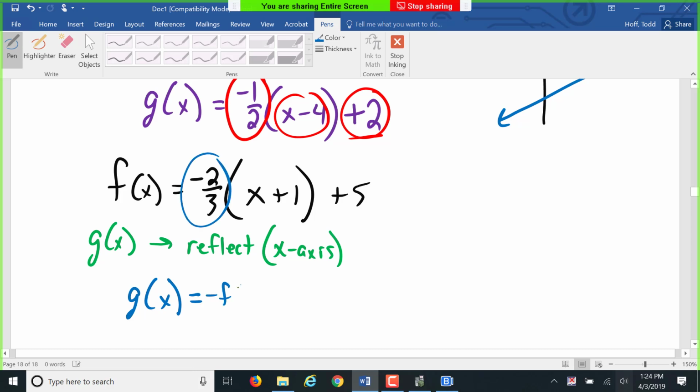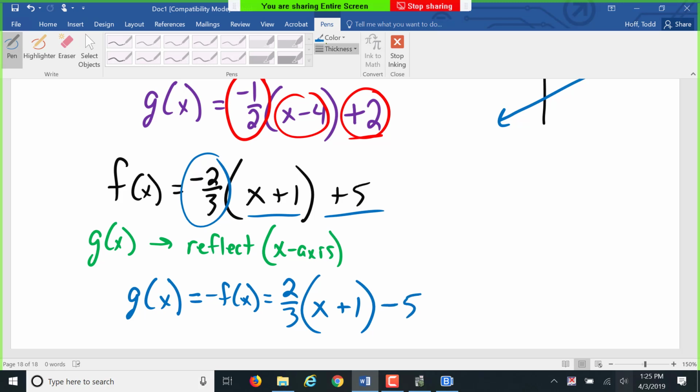Negative 2/3 becomes positive 2/3, just 2/3. What happens to the x plus 1? Yeah, nothing happens to it. It stays the same, and then the plus 5 becomes minus 5. Very good.